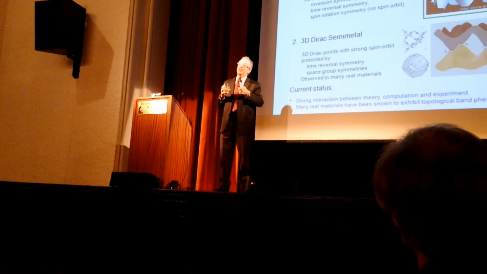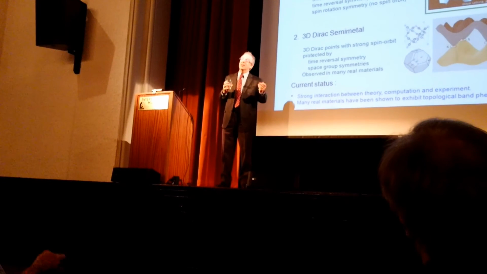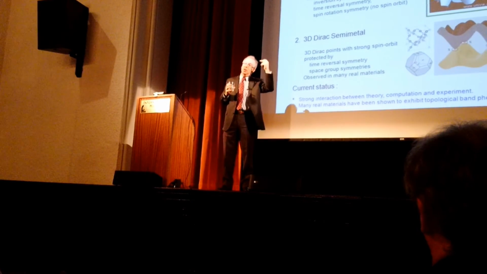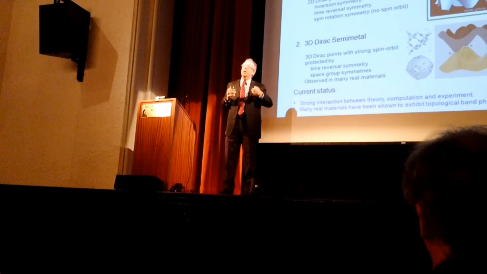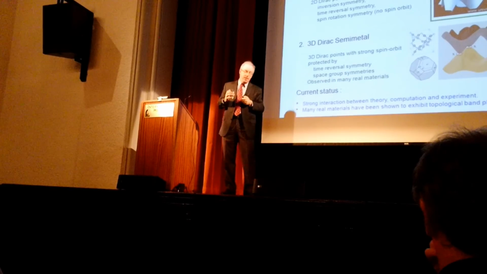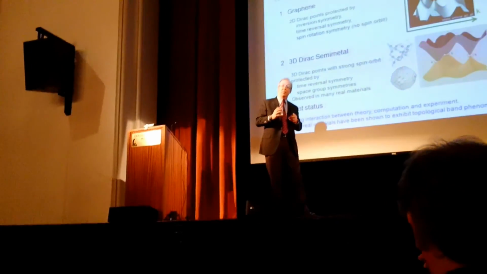In fact, there is a topological invariant associated with the Weyl point, which is actually the same topological invariant, the Chern number, which defines the quantum Hall effect. So yes, absolutely, the Weyl points.